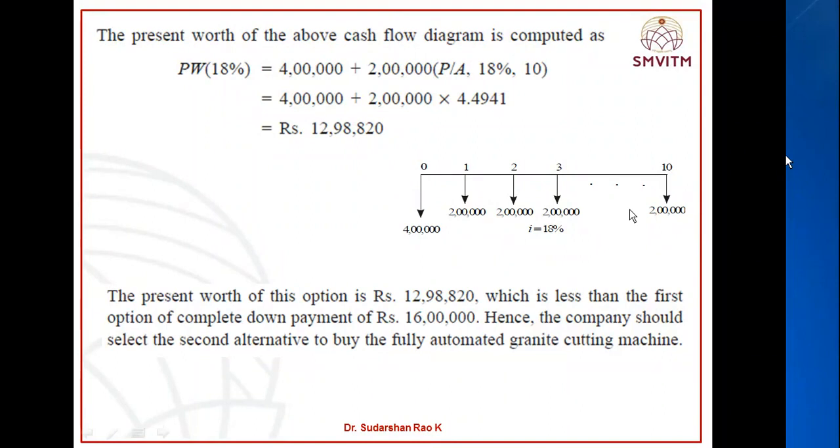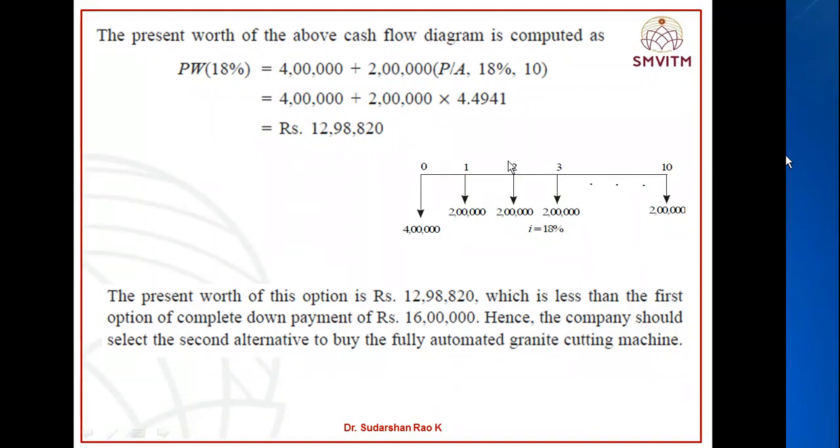So 4 lakh, because all these are expenditure only, plus 2 lakh into P by A, you have to convert the annuity into present value, that is P. 2 lakh into P by A, 18%, 10, that value is 12 lakh 98,820.